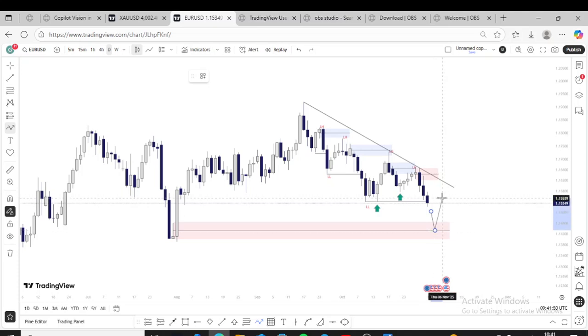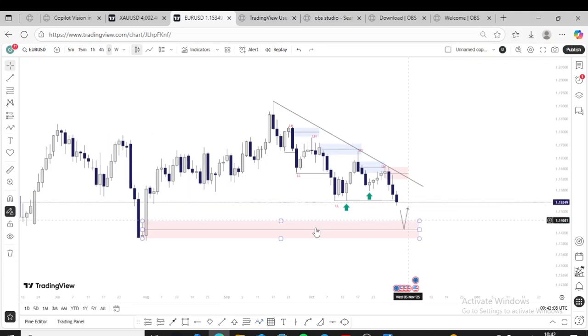But if the market should get to this price point, I might look for buys, but I know it's going to be counter trend.